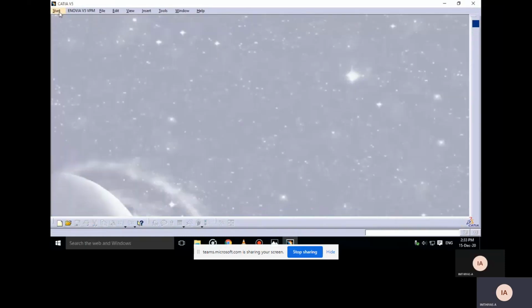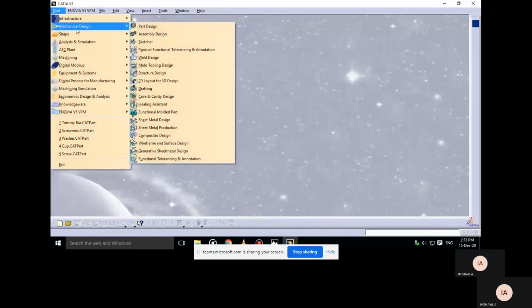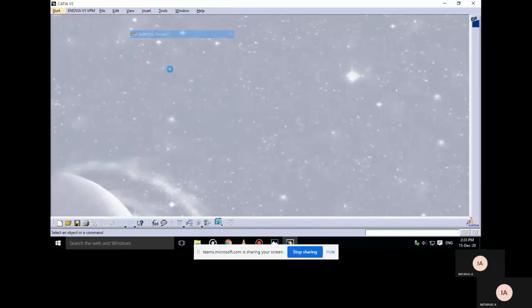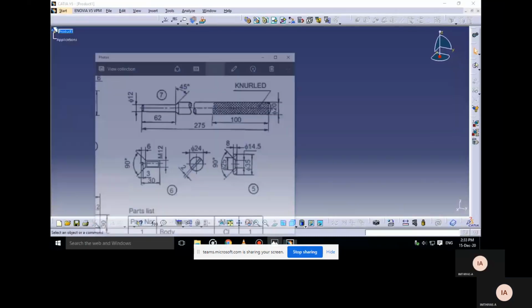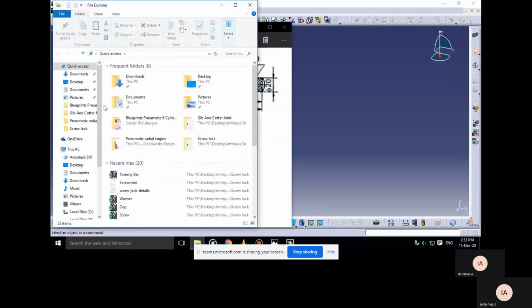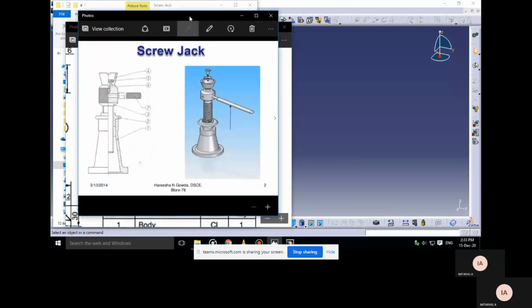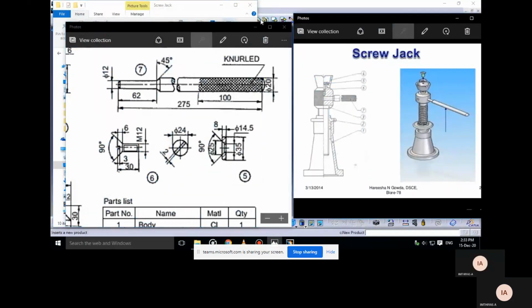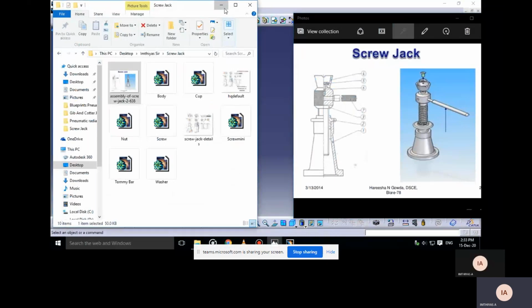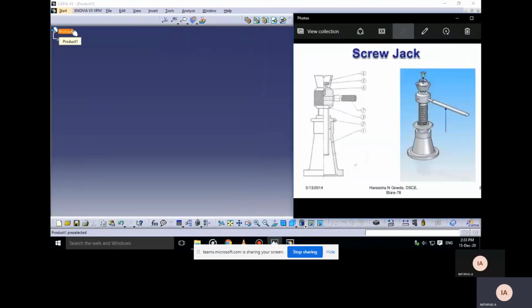Now we will go for assembly design. So we will import the parts one by one. This is the assembled view, how it should look like. We'll import the products one by one.